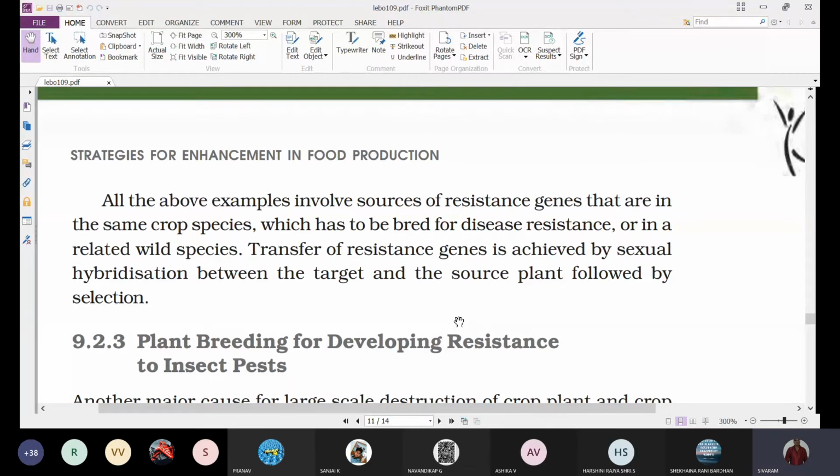We introduce from the source into the target, through sexual hybridization followed by selection.